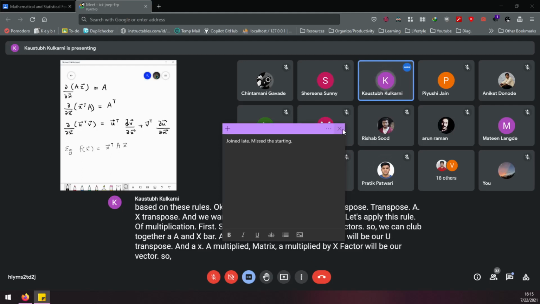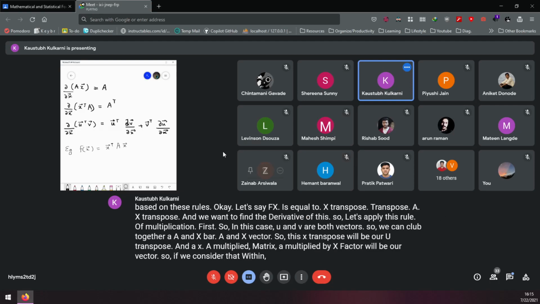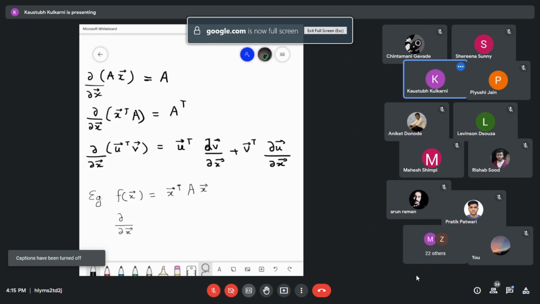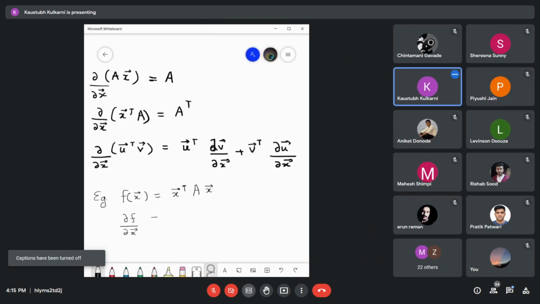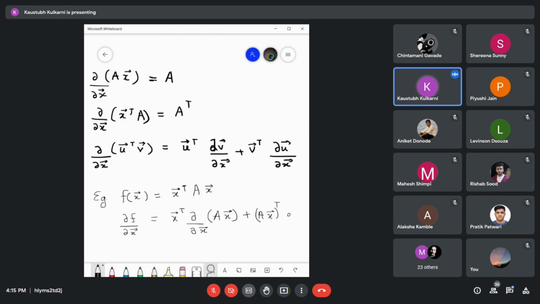So if we consider it that way, then X transpose, X transpose, Ax vector plus A multiplied by X vector, the whole transpose, multiplied by vector.